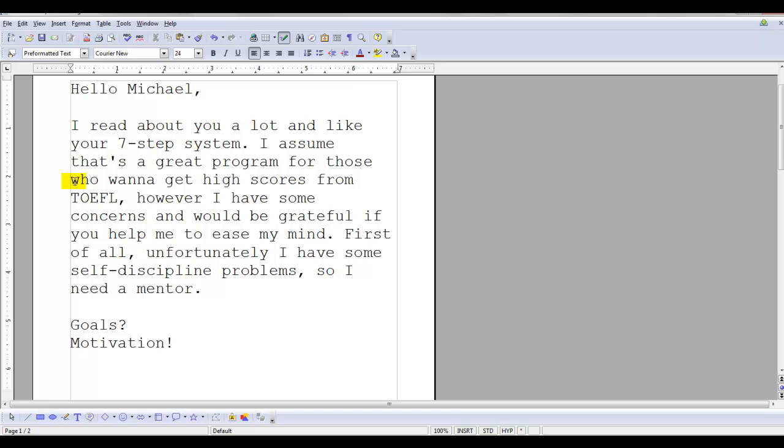What is the main reason here? You can't just say, "I want to get a high TOEFL score," but why do you want to do that? For example, a majority of my students that I interact with online, some of them want to be nurses, some of them want to be physical therapists, some want to be pharmacists.